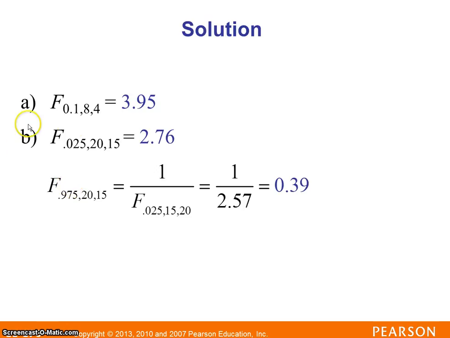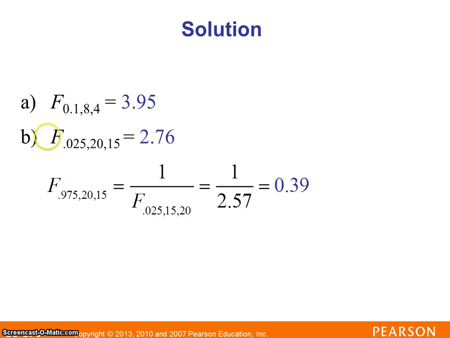Now for the second one, if you look at this, there is no corresponding alpha value for that in the table. The alpha values are broken down into 0.1, 0.05, 0.025, 0.01, and 0.001.